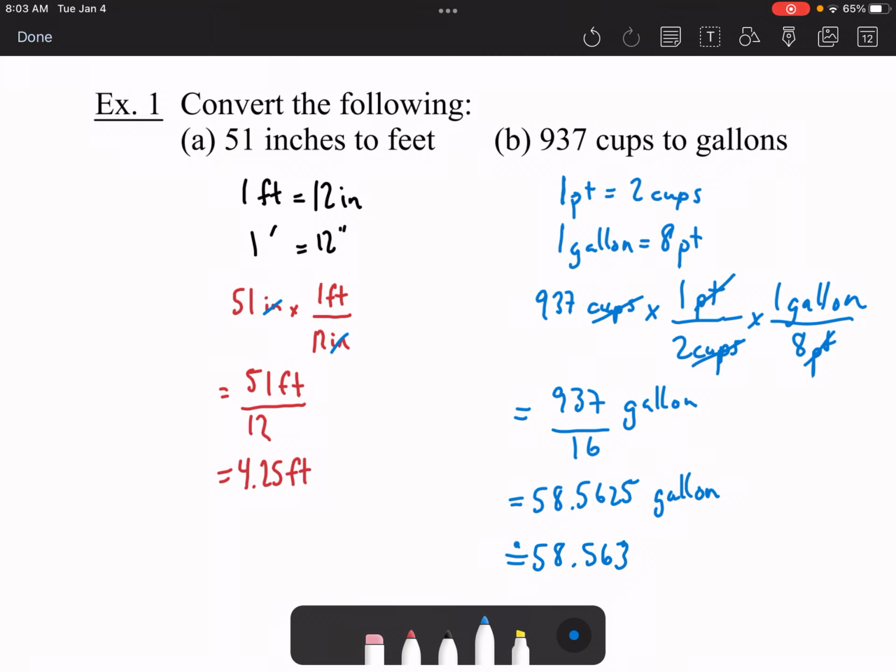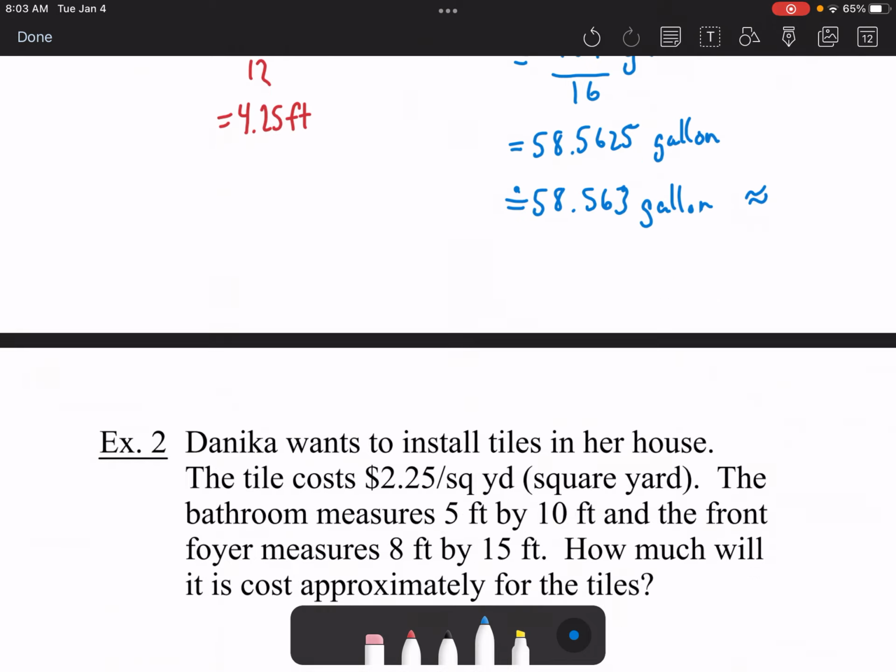So 58.5625 would be rounded to 58.563 gallons. Now, I'd be a bad math teacher if I didn't show you that this kind of symbol can also be used to approximate. Okay, so there we go. We've converted inches to feet and cups to gallons.